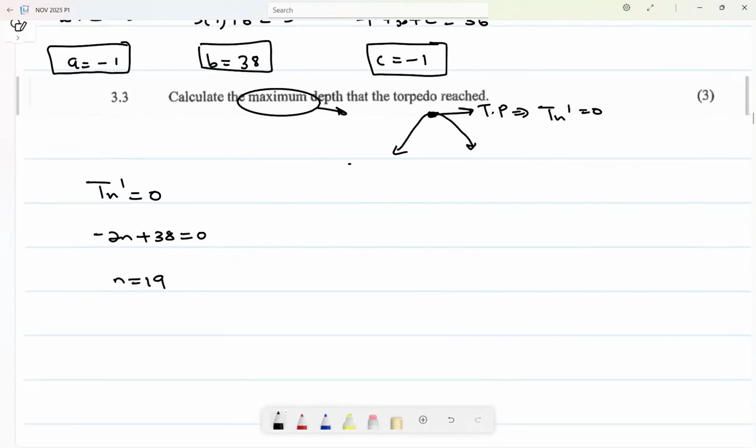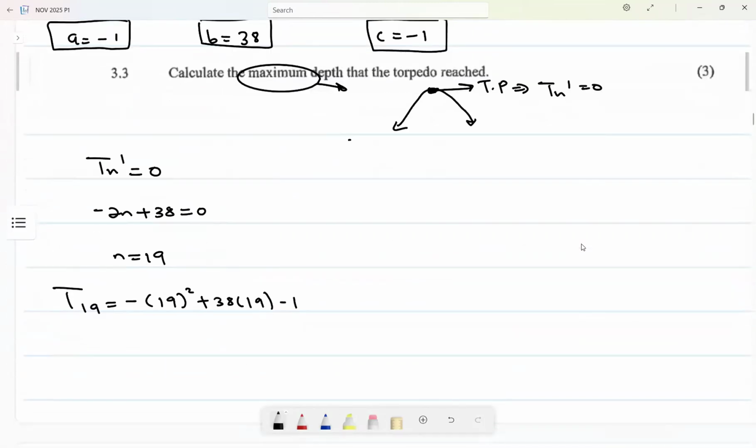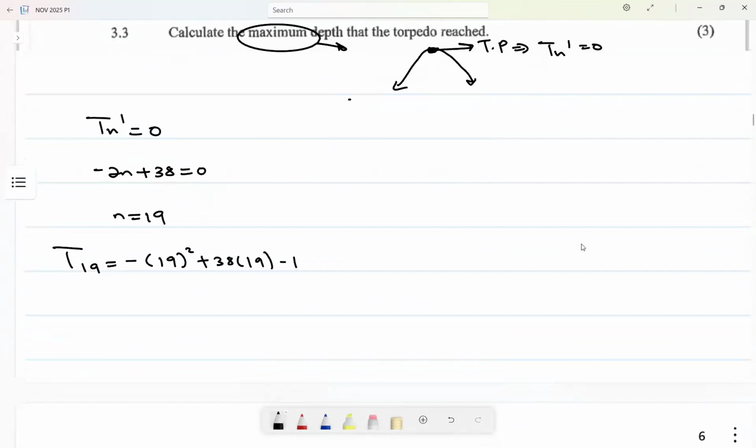And then T19, which is the maximum depth, is going to be -19 squared plus 38 times 19 minus 1. Then I get something like 360. Basically, it is the same as finding the coordinates of the turning point.